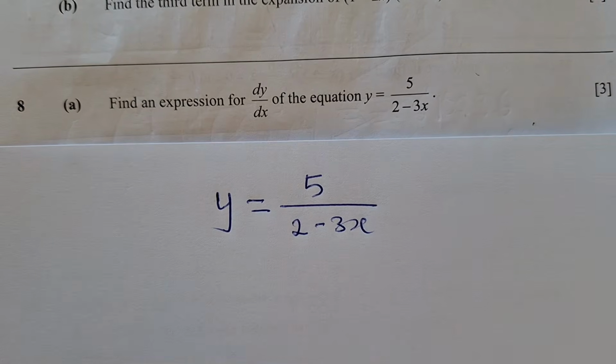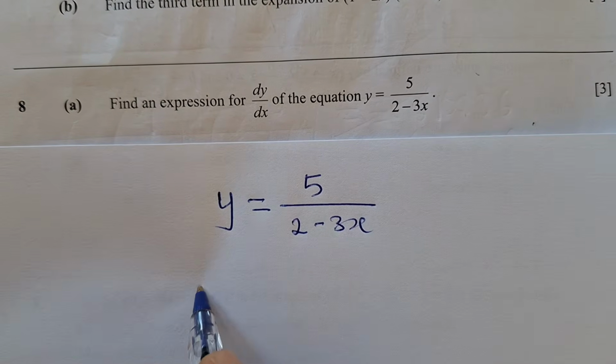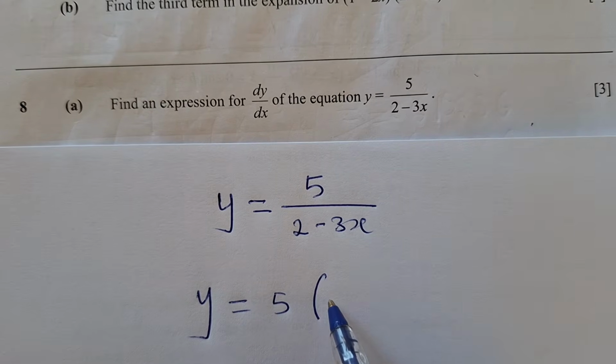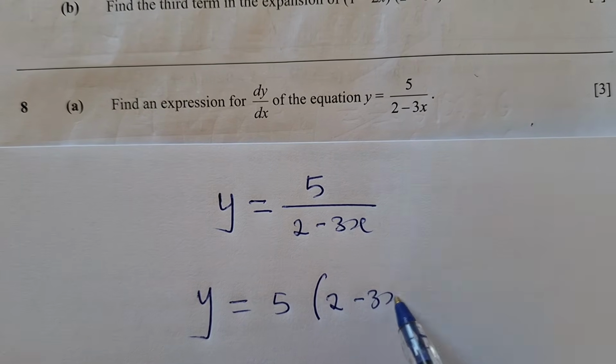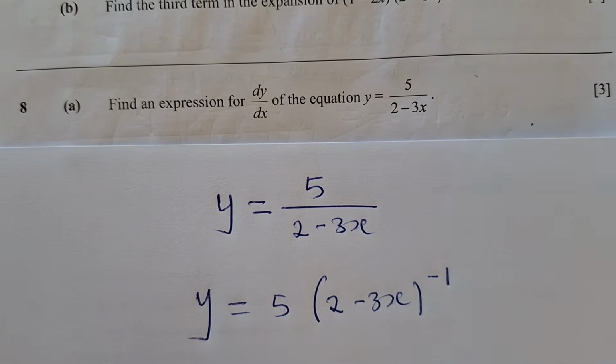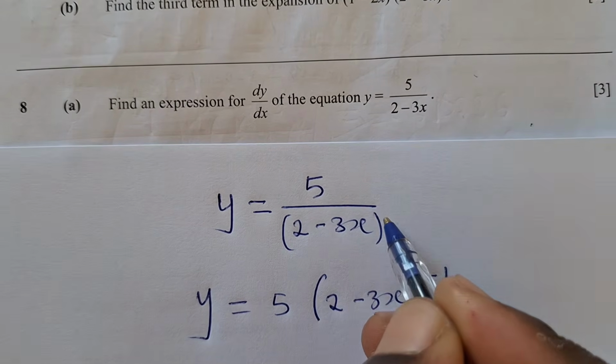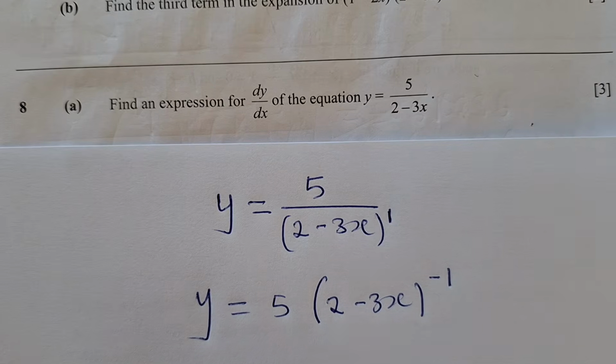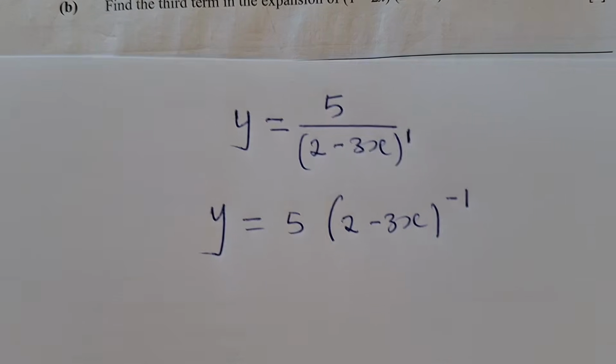And then once you do that, you're going to say y is equal to 5, open bracket, 2 minus 3x, power negative 1. So here, there is a power 1. Now the laws of indices: when it goes up, the power changes to a negative power.